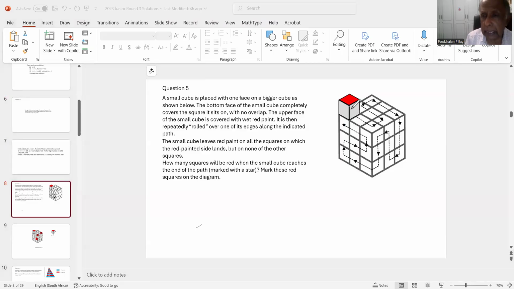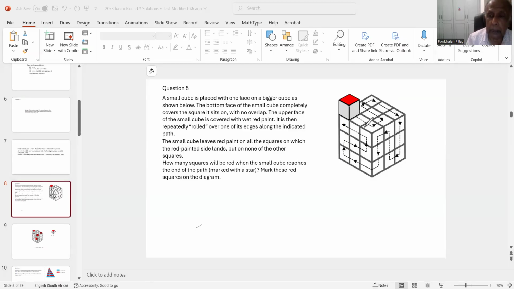What happens now is that this thing is rolled. It follows this path here. You keep rolling it until you come back to this one here. By that time, you would have covered all the squares we're looking at.